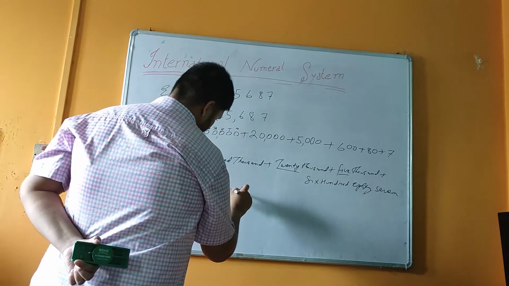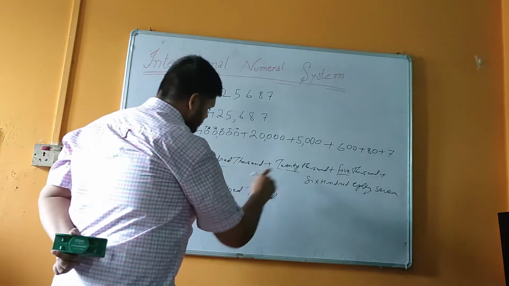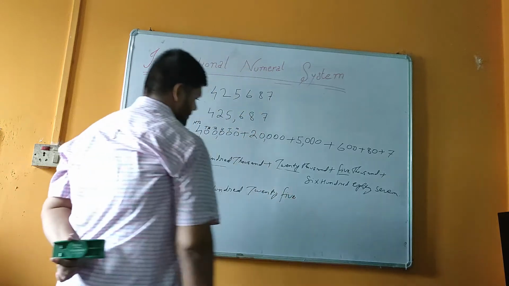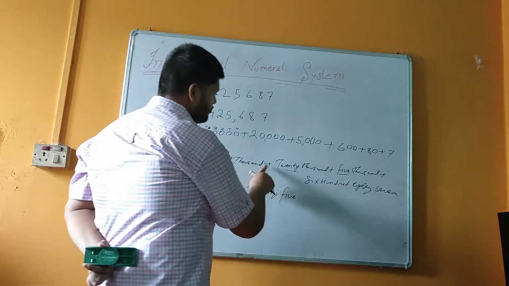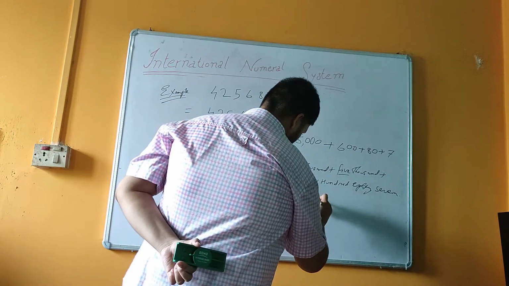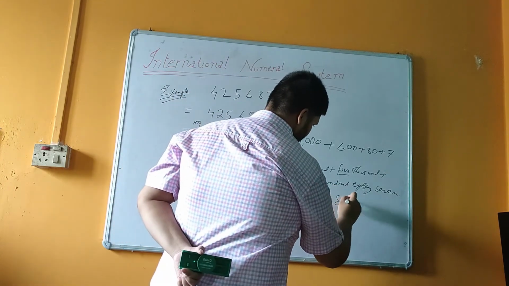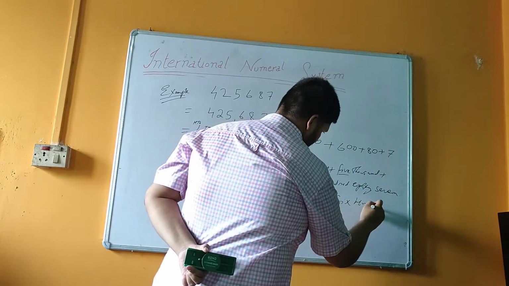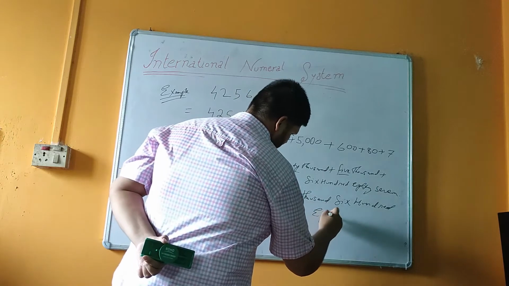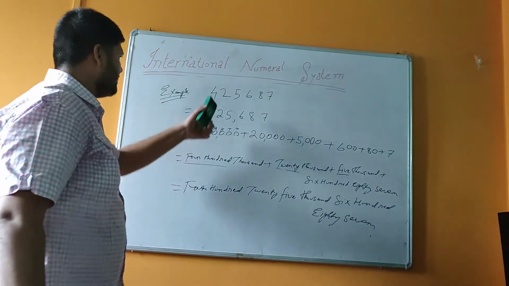I am writing 400, then 20, then 5, 425. Then you have 1000 common everywhere, so I will write 1000. Okay, then you have 687. I hope you are clear with this number.